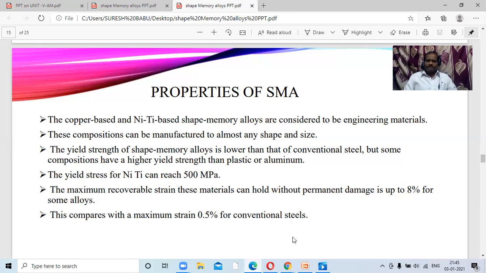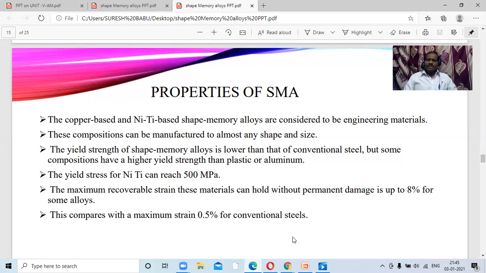Third one is yield stress is going to be more than plastic and aluminum and less than steel. For this one, the numerical value is given as 500 megapascal. As far as strain is concerned, without damage it is 8% for some alloys.